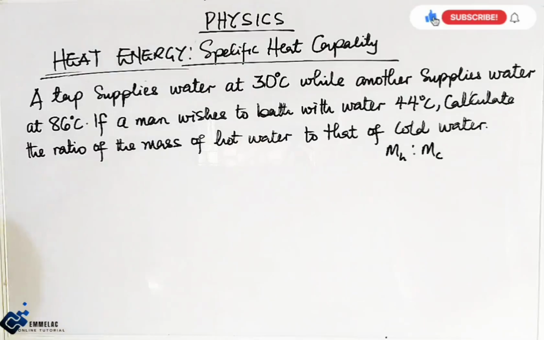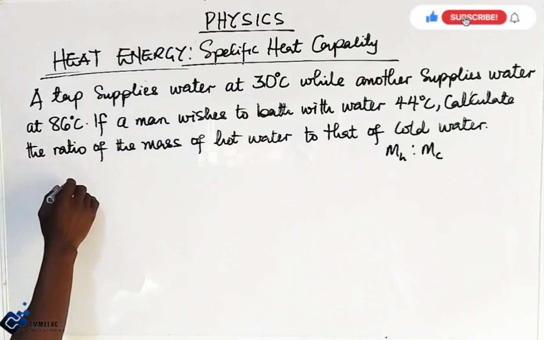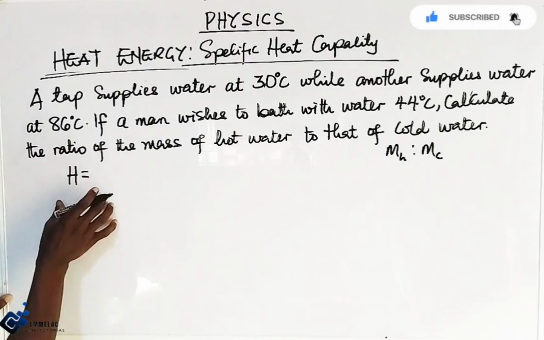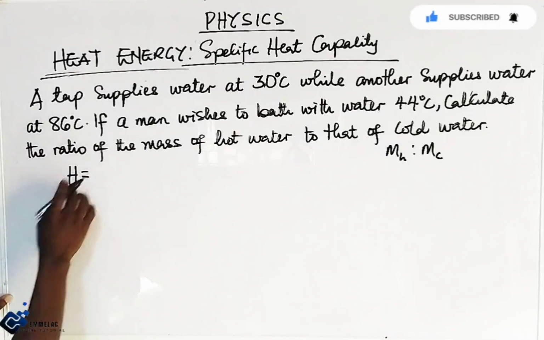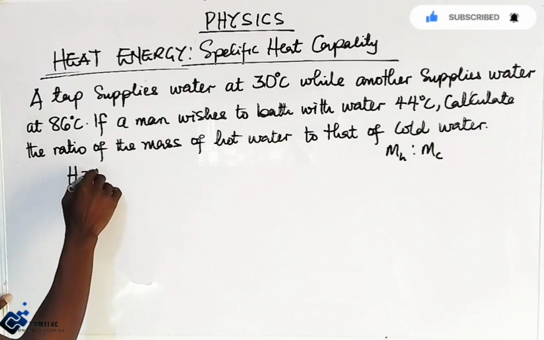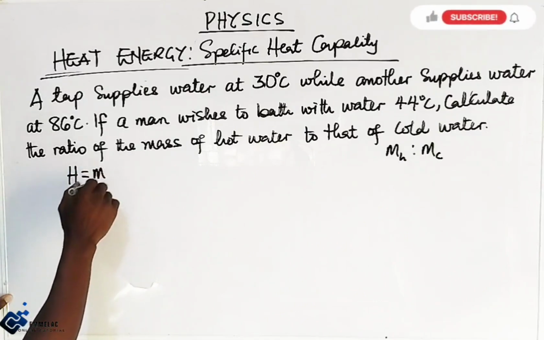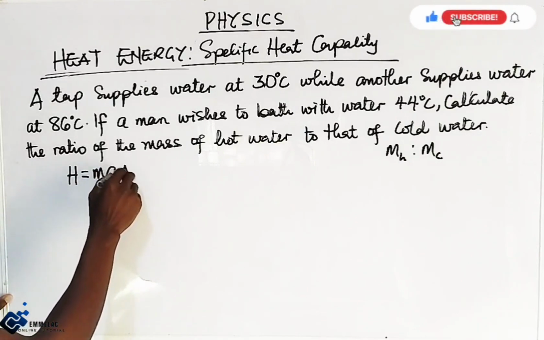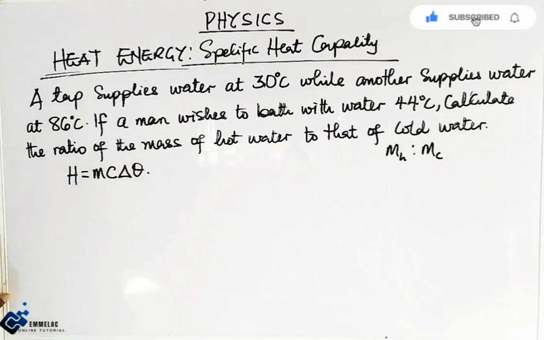Now let's come back. Generally, we know that the general formula when it comes to specific heat capacity is H equals M C, which is the product of the mass, the specific heat capacity of the substance, and change in what? Temperature.